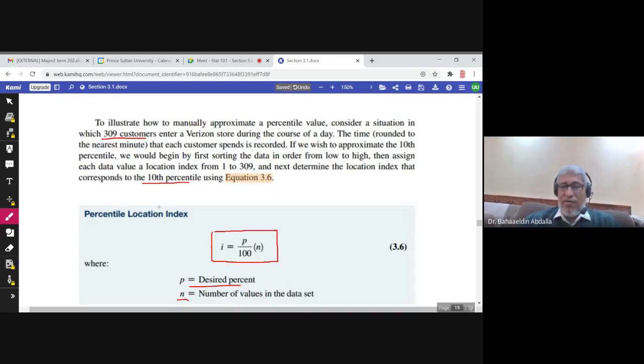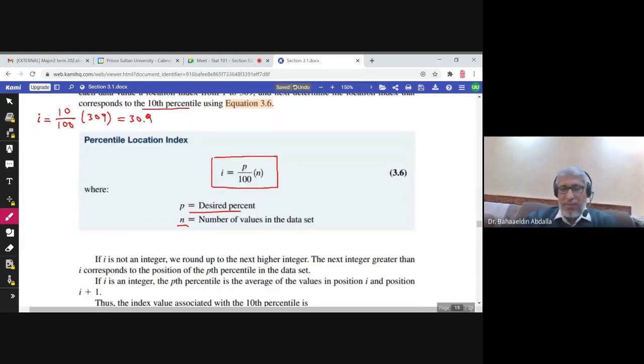And then I find the index. The location index would be, I need the 10th, so P is 10 divided by 100 multiplied by 309, which is n. I get 30.9.